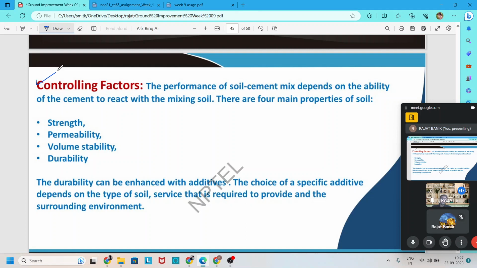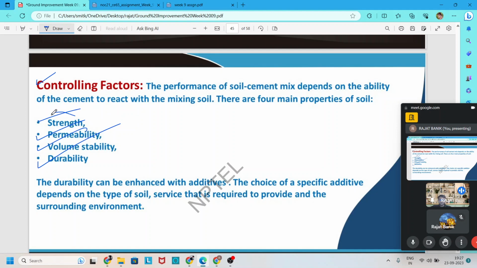There are four main properties that govern the reaction of the soil cement. First one is strength of the soil, second one is permeability, then volume stability and durability.